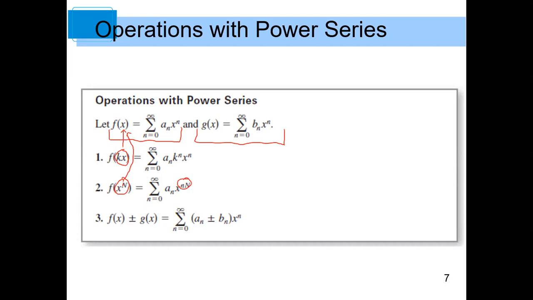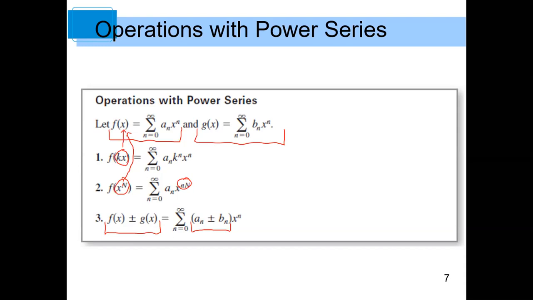And of course, if I want to add and subtract these 2 power series, that just amounts to adding and subtracting things term by term. Does that make sense? So the coefficients of x get added or subtracted, the coefficients of x squared get added or subtracted, and they get slapped right on there. Does that make sense? There's nothing super deep going on here. I just wanted to point out stuff that we have already seen happening.